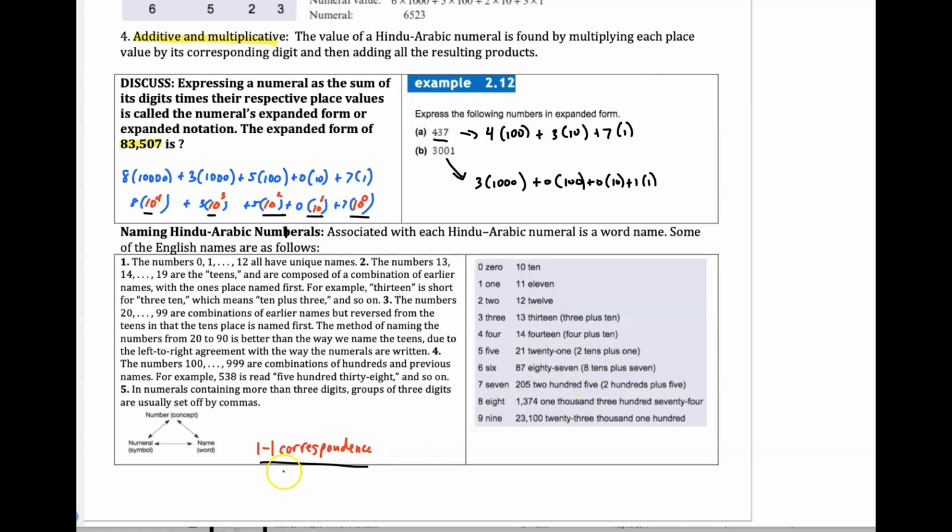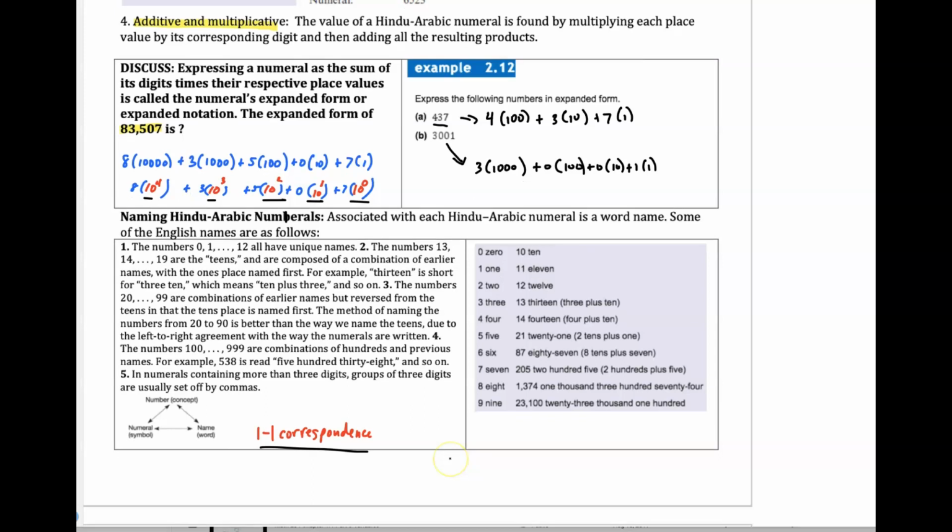And so there's a one-to-one correspondence between the concept of a number or some quantity, its name, and then the symbol. So you have that relationship. So when a child says 3, they understand what that means. And so that's our number system.